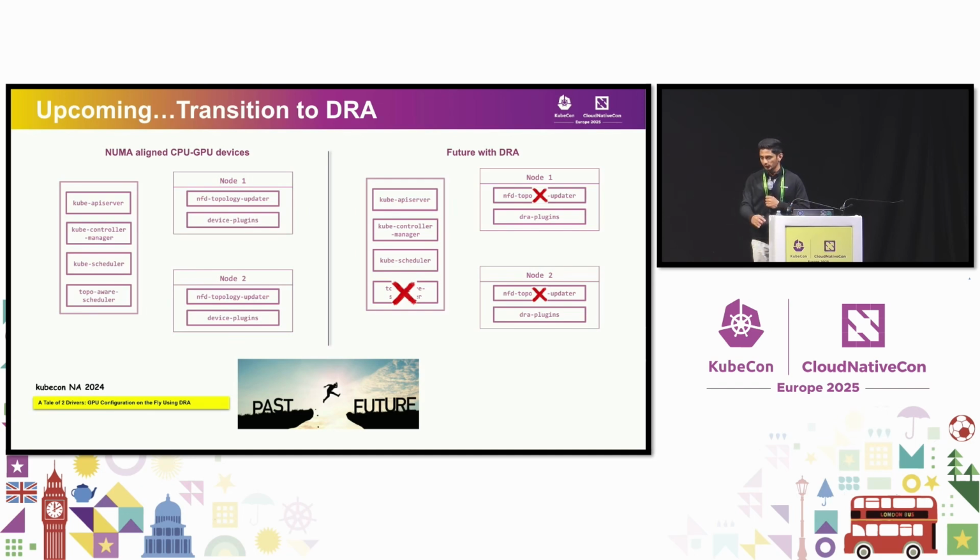And then in the future, moving to DRA, we should be able to get rid of the topo-aware scheduler because the DRA API is rich enough to do NUMA alignment just default right out of the box by the kube scheduler. So we'll be removing the topo-aware scheduler from the control plane as well as the NFD topology updater from the worker nodes. And that will leave us with just the DRA plugins for our workloads and kube scheduler in the control plane.